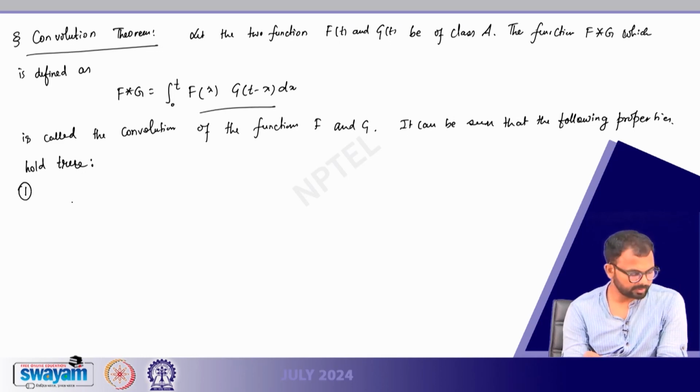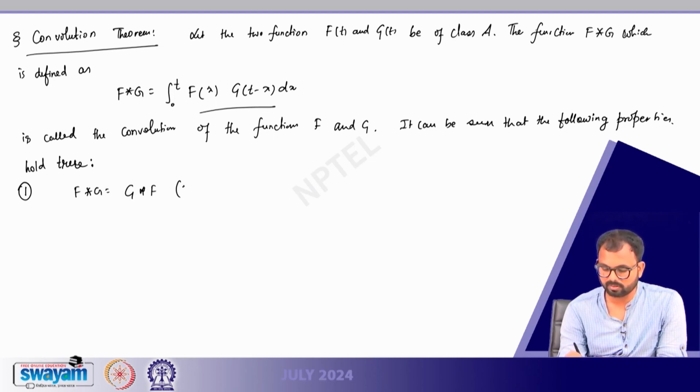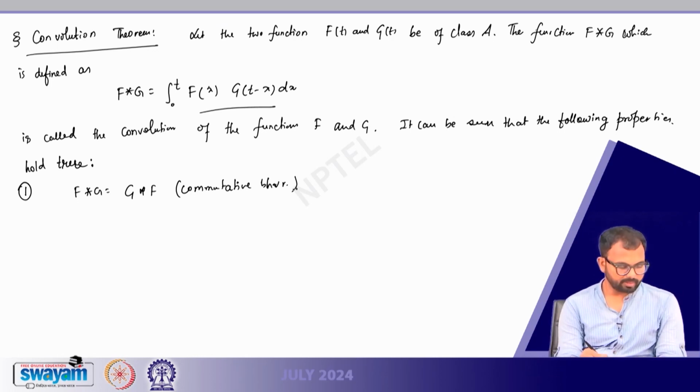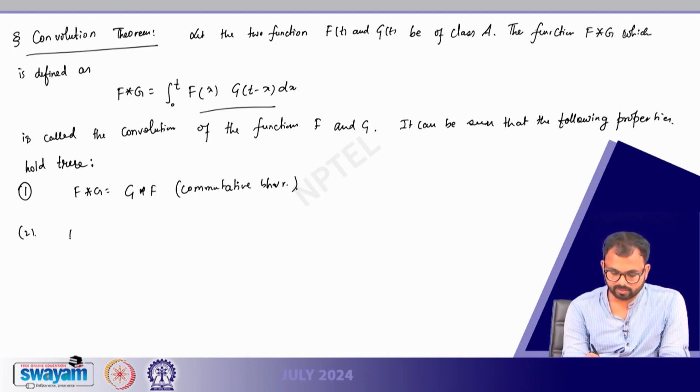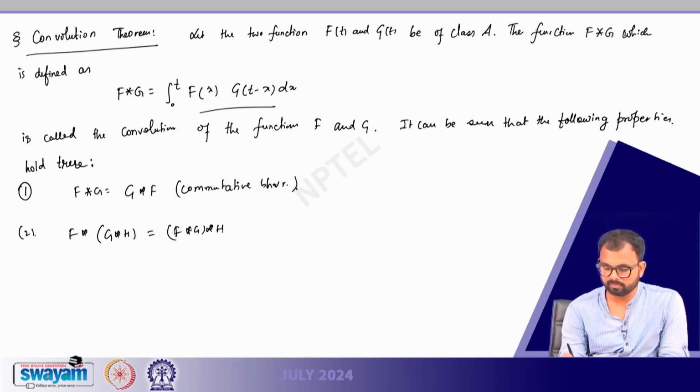So, what is the first property? The first property is f star g is equal to g star f. That means commutative behavior. Okay. Then the second one is f star (g star h) is equal to (f star g) star h.